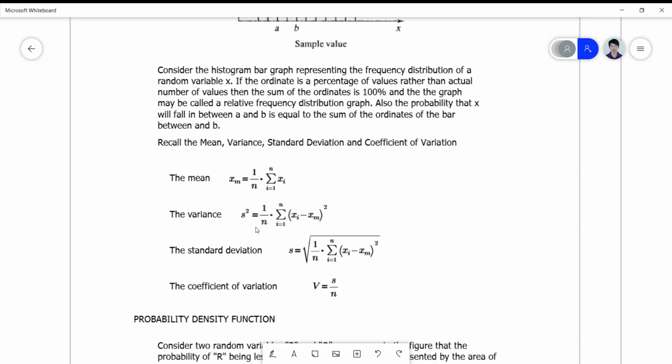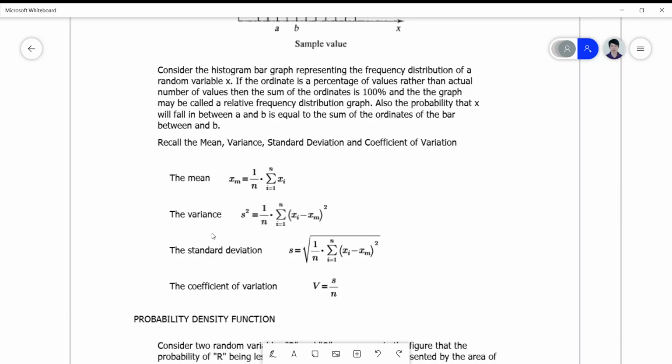And for the variance, we simply get the difference between each and every value of the variable involved from the average or the mean, and then square it, take the summation of that from i equals 1 to n and divide it by n.